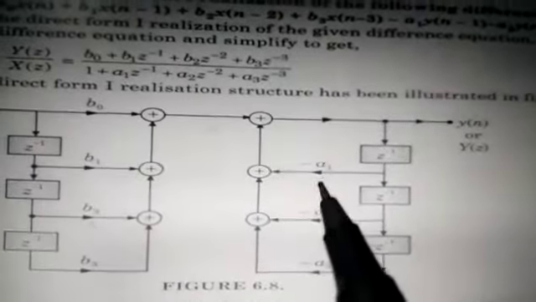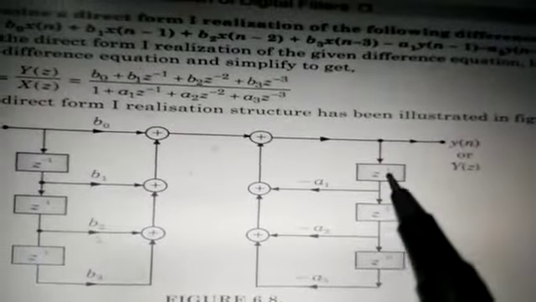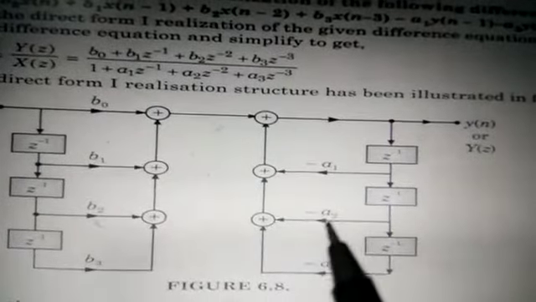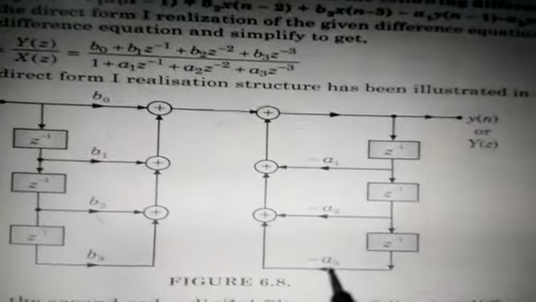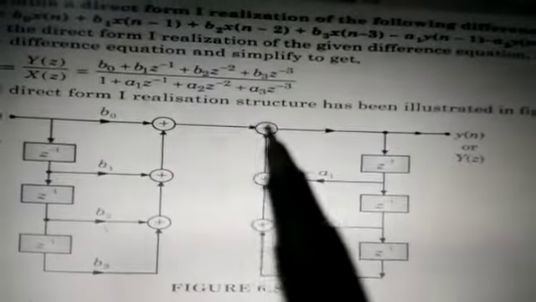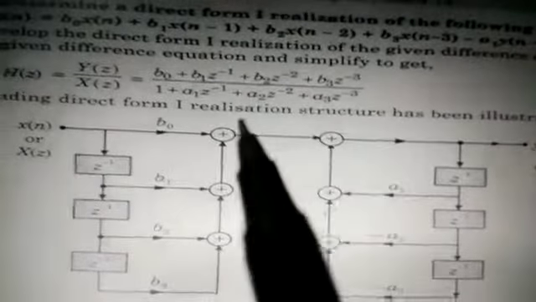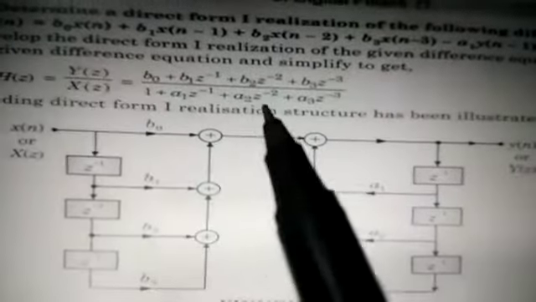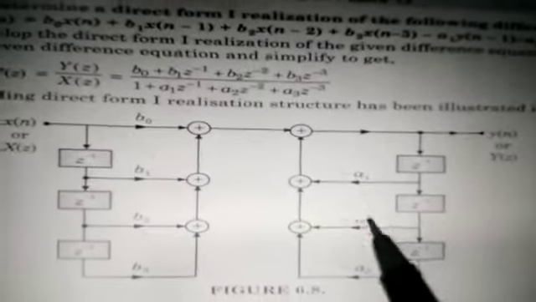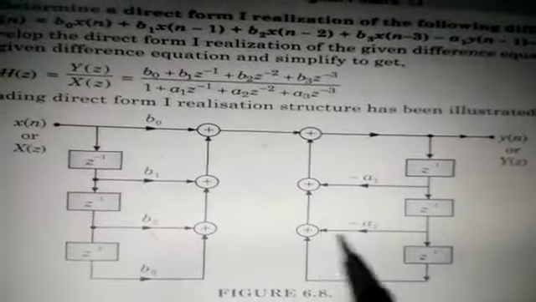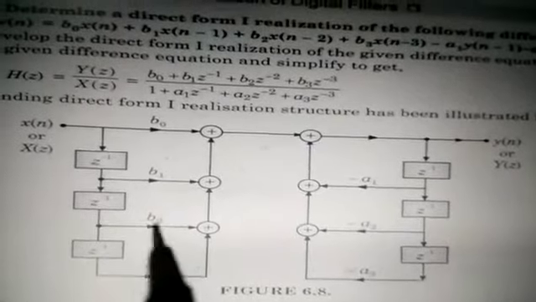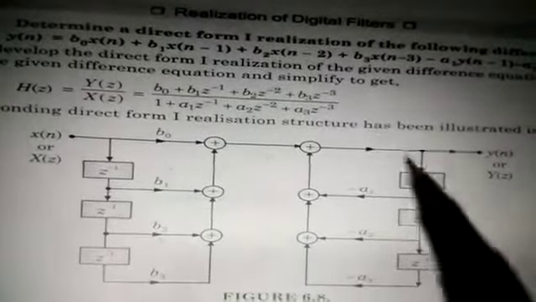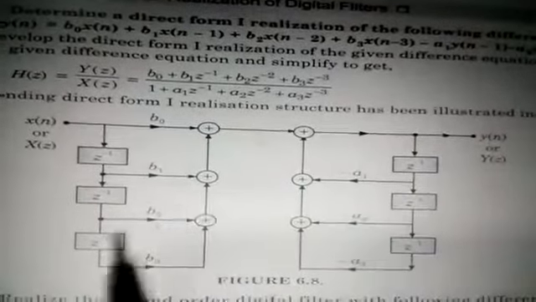So this is minus a1 z inverse, then minus a2 z to the power minus 2, and minus a3 z to the power minus 3. This will be added here, so that you get the plus sign when taking the cross multiplication, 1 plus a1 and so on. So the denominator side is the right side, which is called the pole side. This is the numerator, called the zero side. This zero-pole form is called direct form 1.